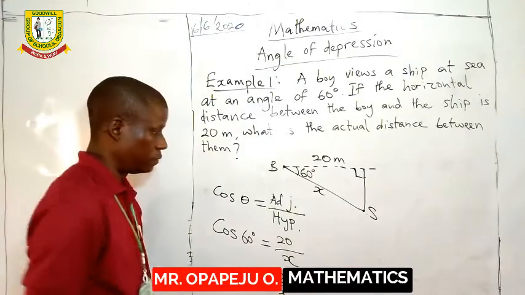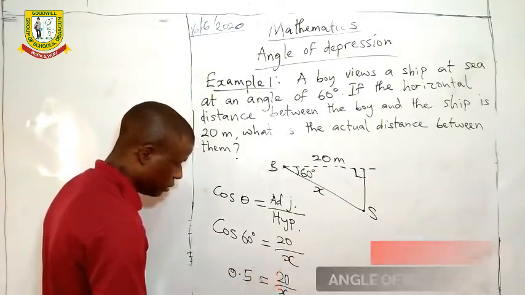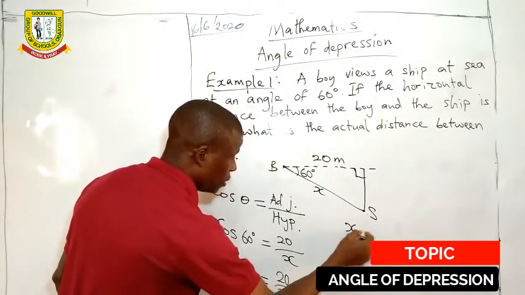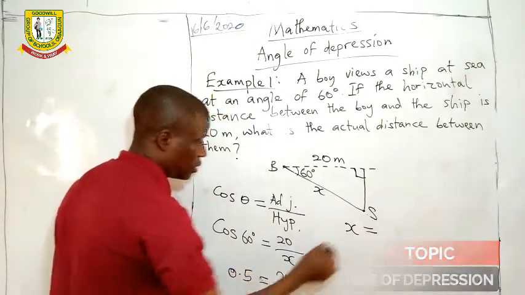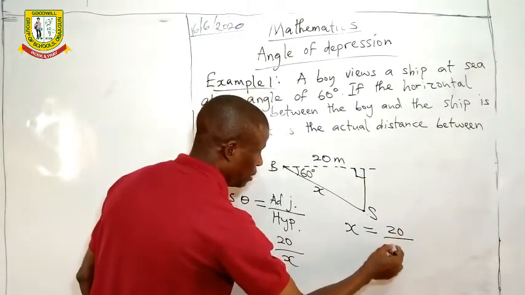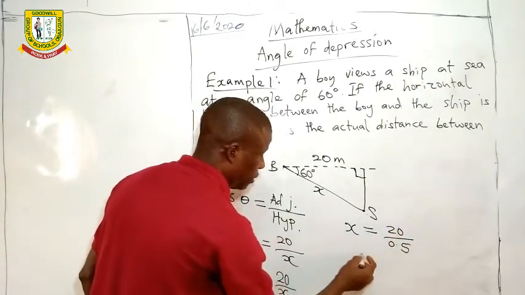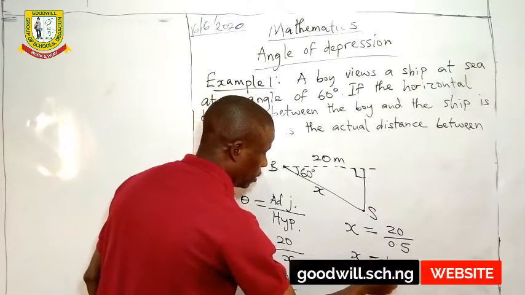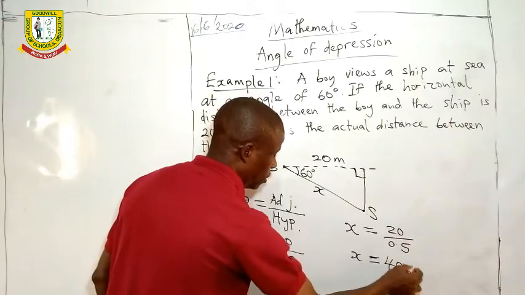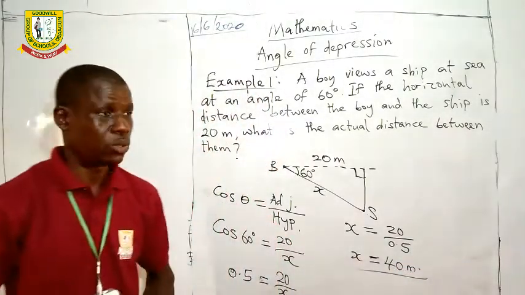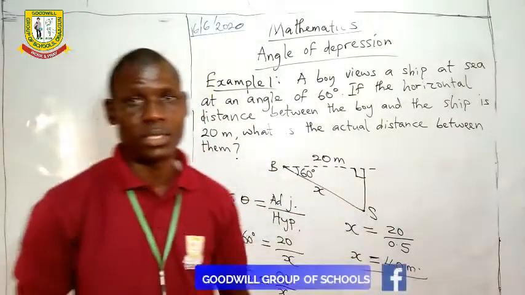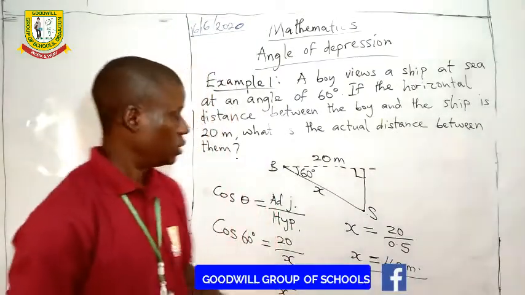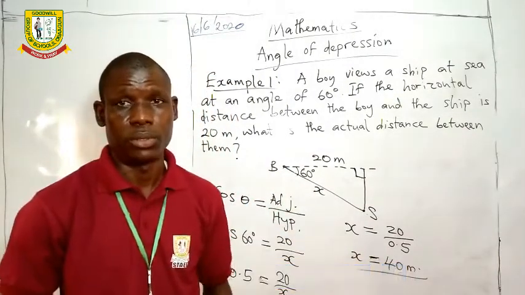And from here, the value of x can be gotten as 20 divided by 0.5, and our x comes out as what? That is 40 meters. So that will be the actual distance between the boy and the sheep.